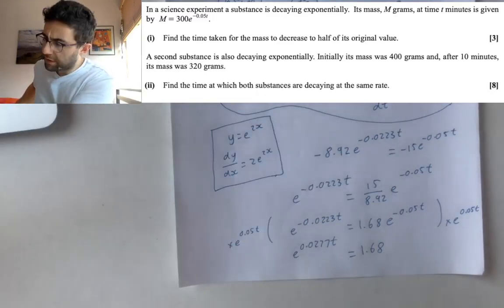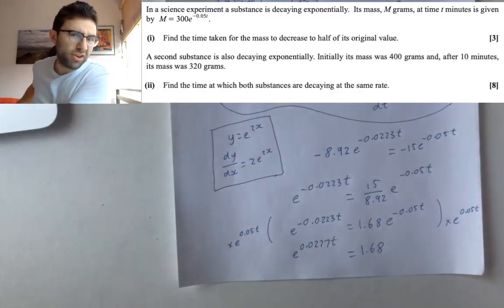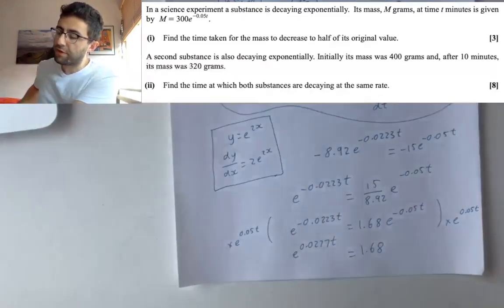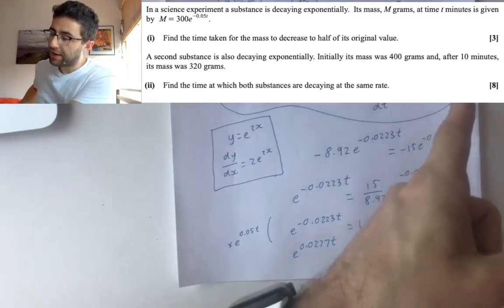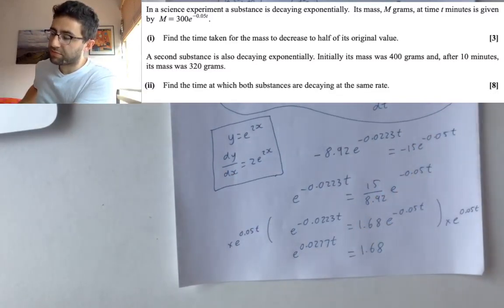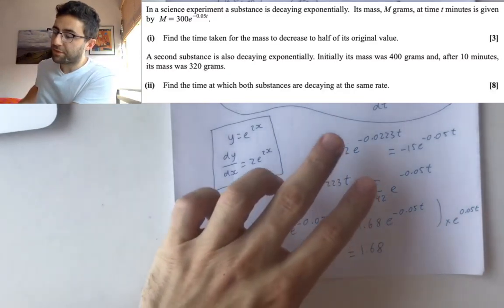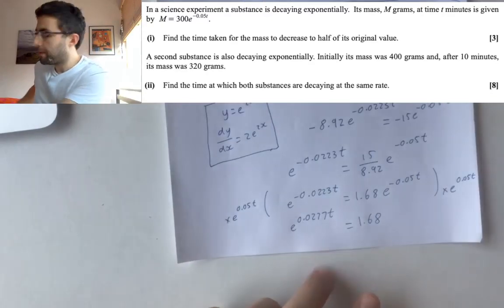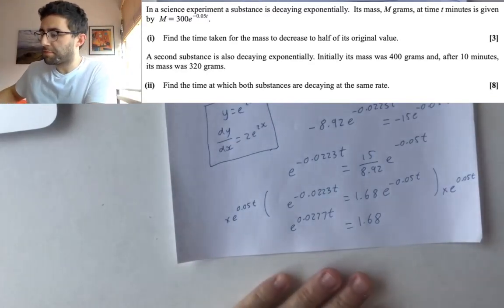You could do either, but choose one of them, multiply it by the opposite. So I times by e to the 0.05t, and look at that, it's like a game of chess, almost like checkmate. It takes it from something complicated into something a lot more beautiful, and then you can solve it more easily after that. So that's a good move to remember, and the rest we're just plugging it in.